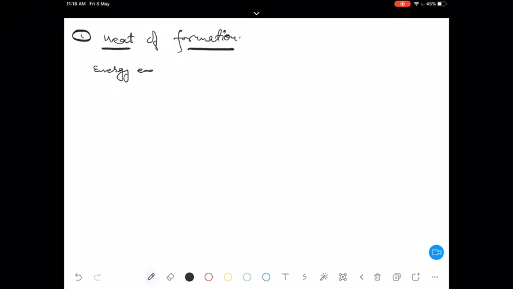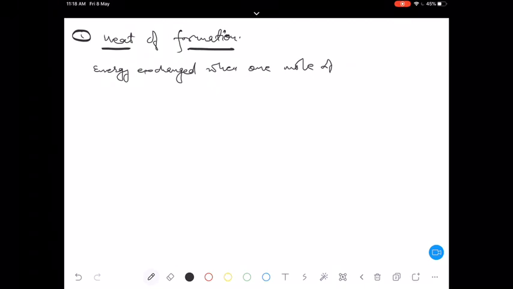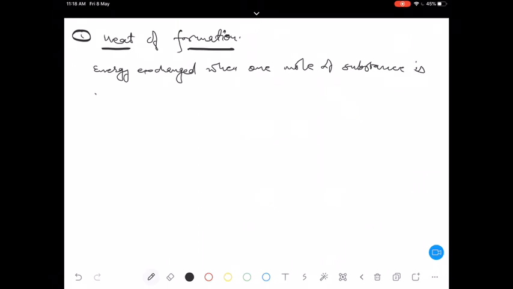This is what I can write: energy exchanged when 1 mole of substance is formed. That's what we are saying.